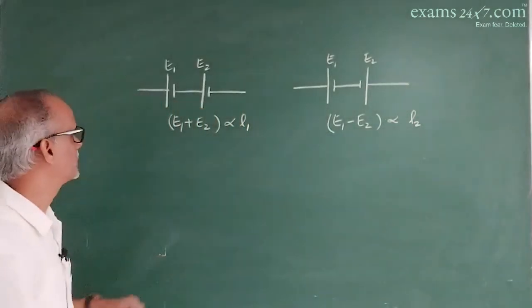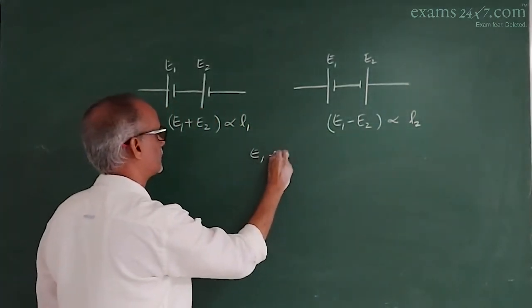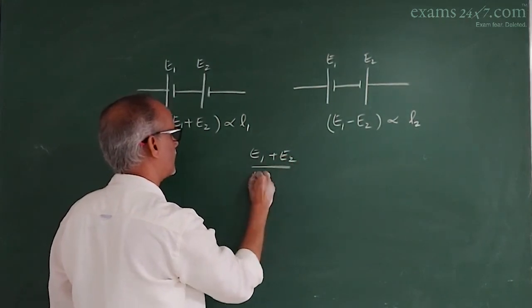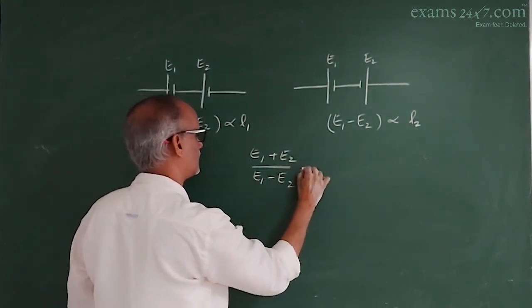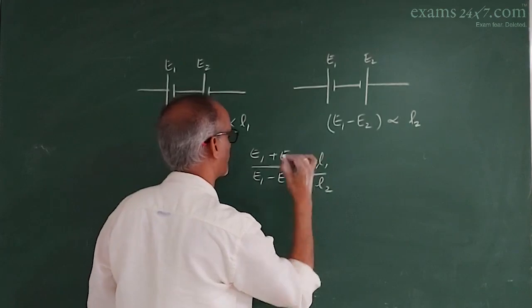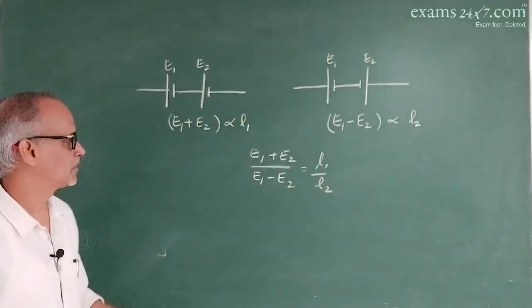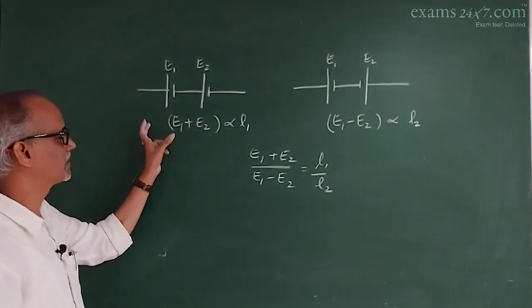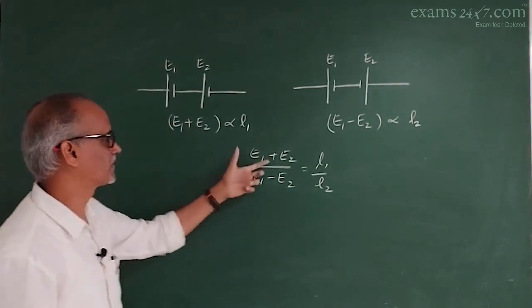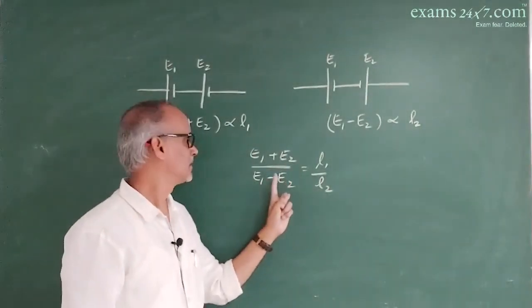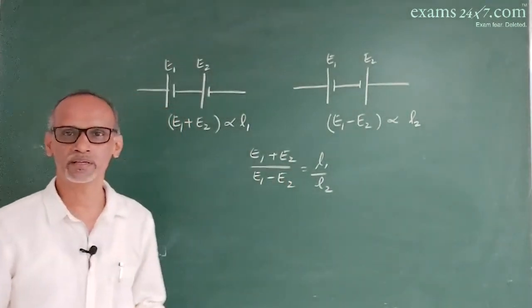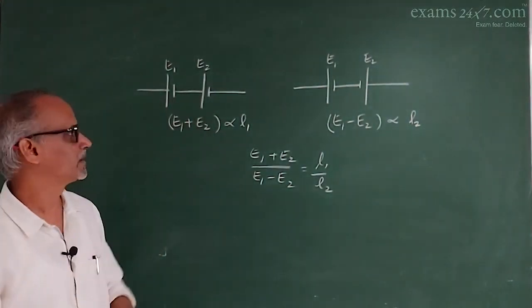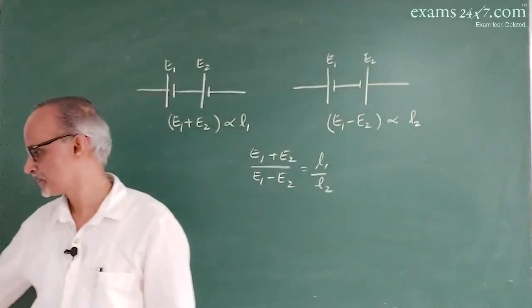So that the ratio of the EMFs, that is E1 plus E2 by E1 minus E2, will be equal to L1 by L2. So by connecting two cells together, from this we can find the value of E1 by E2 very easily, where E1 and E2 are the EMF of the two cells.